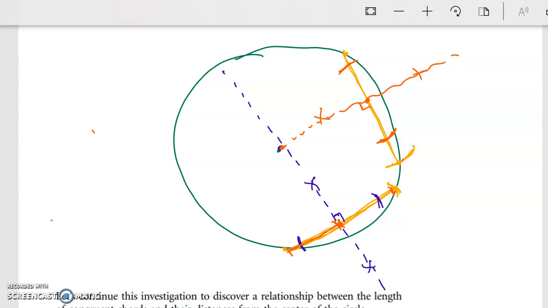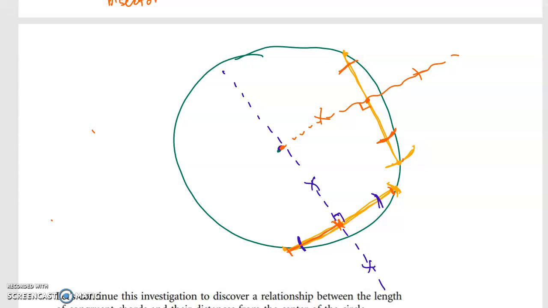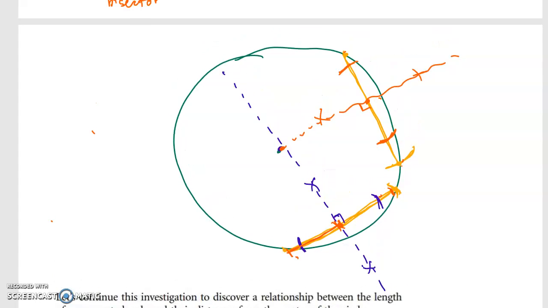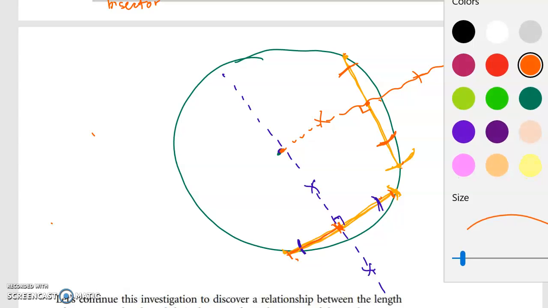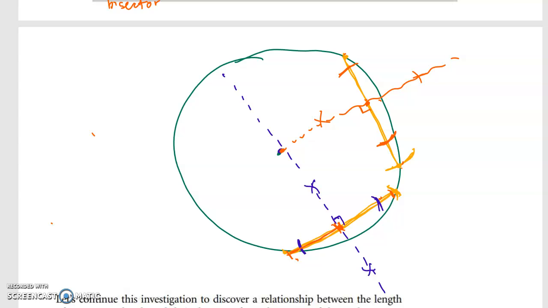Okay, so remember these chords were congruent. This chord is congruent to this chord. We constructed the perpendicular bisectors from the center, and now I want you to compare the lengths. So, for example, take your compass and put it on the center and open it up here. So find this distance.